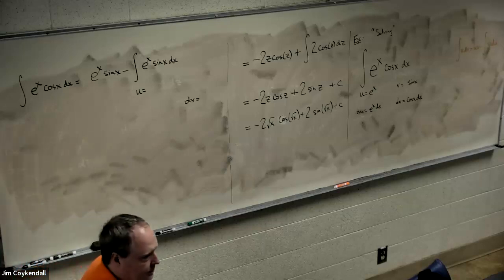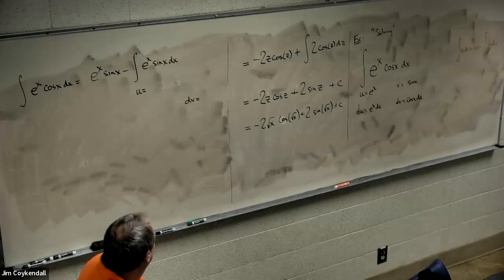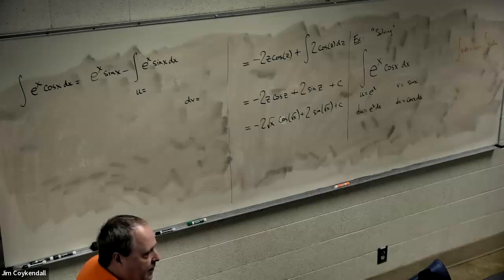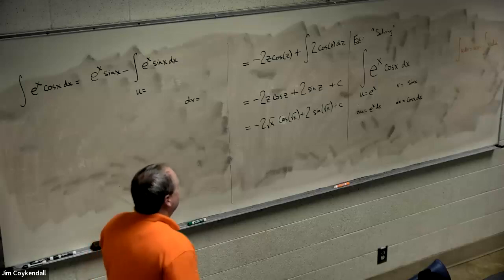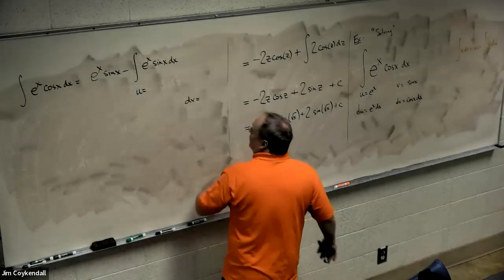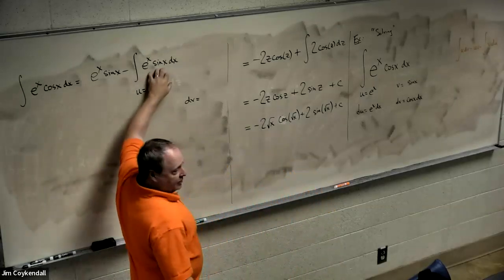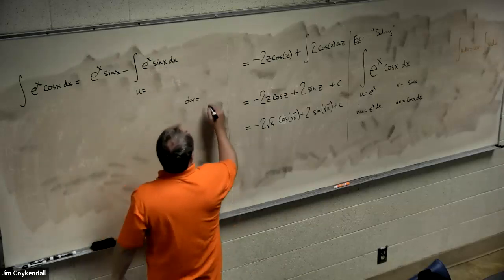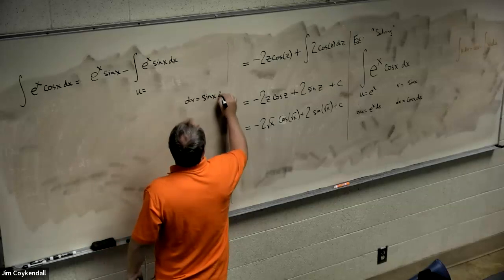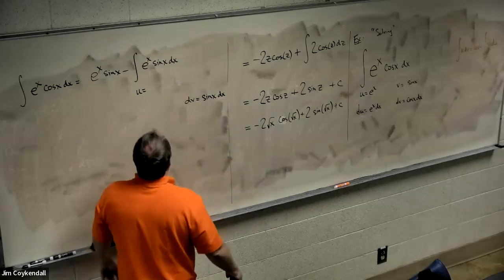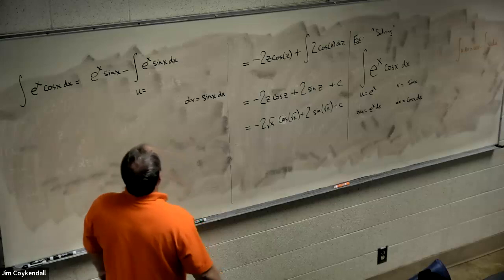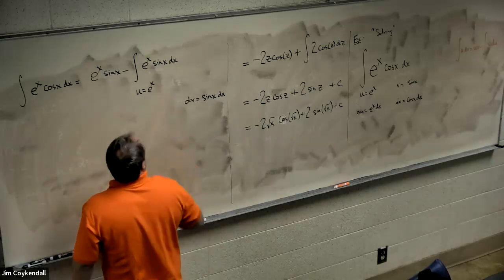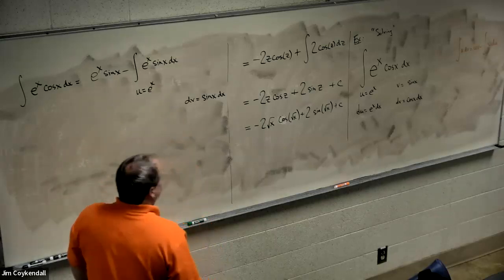Well, here's where you stick to your guns. Notice, just like when we started, you've got an exponential and a trig function. Make them play the same roles. That is to say, I used the cosine first, now I use its antiderivative sine again as dv.